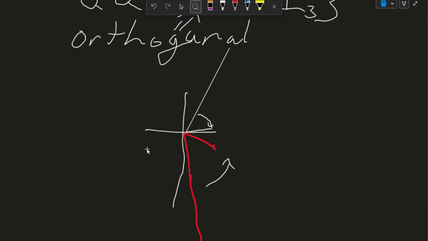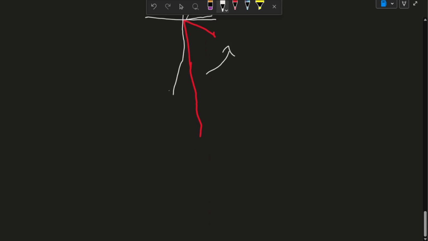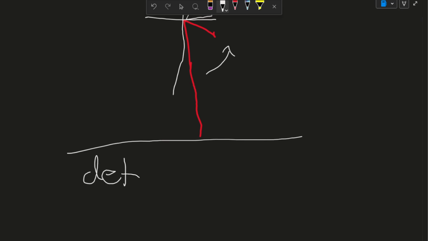And it turns out we've actually already talked about the operation that we can use to figure this orientation reversing property out. And it starts with this. Let's remember the determinant. The determinant has this interesting property which we talked about, which is that it's multiplicative.